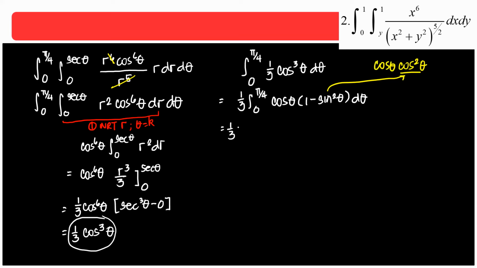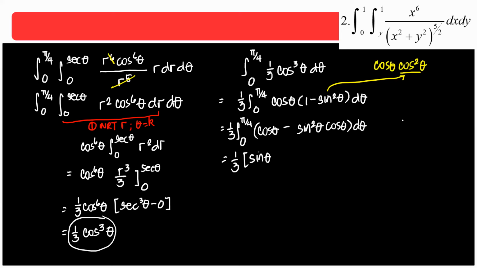This becomes 1/3 from 0 to pi over 4 of cosine theta minus sine squared theta cosine theta d theta. For the first one, we don't have a problem. The integral of cosine is simply sine.